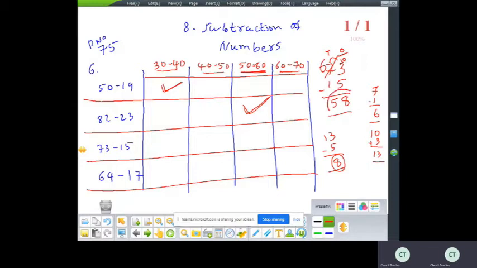Our answer 58 lies in between 50 and 60. This one is the third one. Next, fourth one, 64 minus 17.